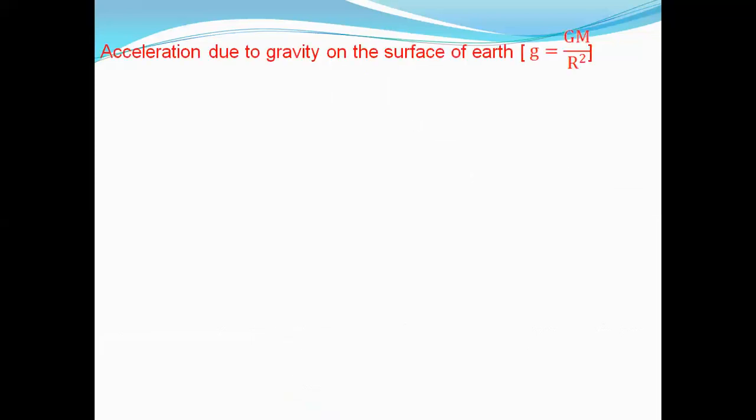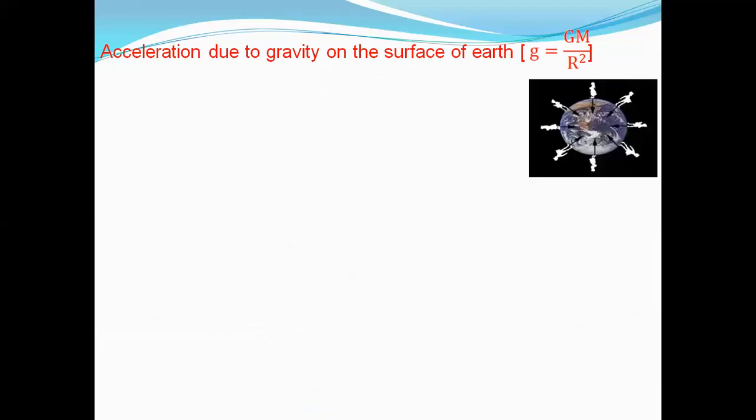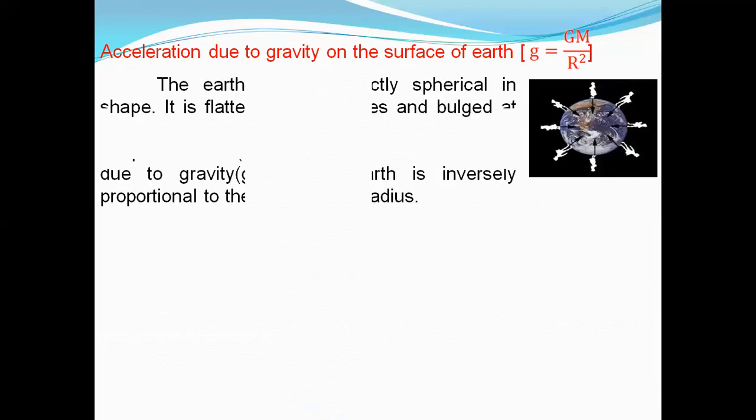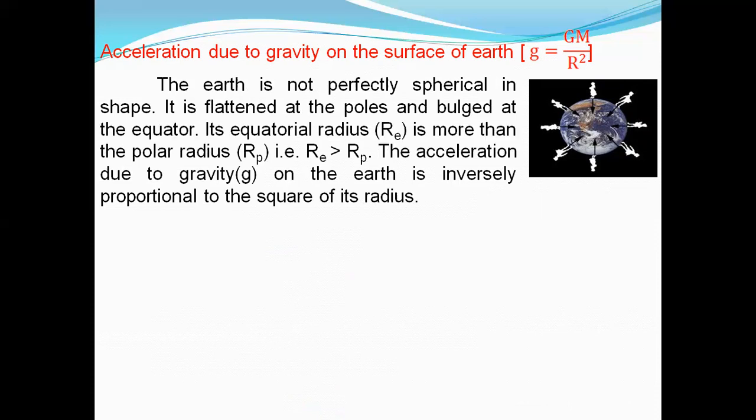Acceleration due to gravity on the surface of the Earth. If you see in the figure, or as you know, the Earth is not perfectly spherical in shape. It is flattened at the poles and bulged at the equator. So its polar radius is less than the equatorial radius.